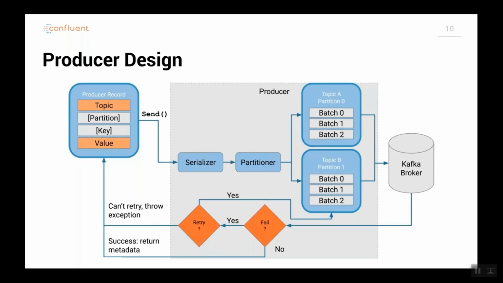However, if you retry a configured number of times and you still are unsuccessful in delivering the data to the broker, then at some point you will eventually get an exception. So you can configure how long you want to retry within the producer client before actually returning an exception to the application, at which point you decide what to do. So there's a lot happening here under the covers, and that's all framework level code, and you have the ability to influence that behavior through configuration properties.